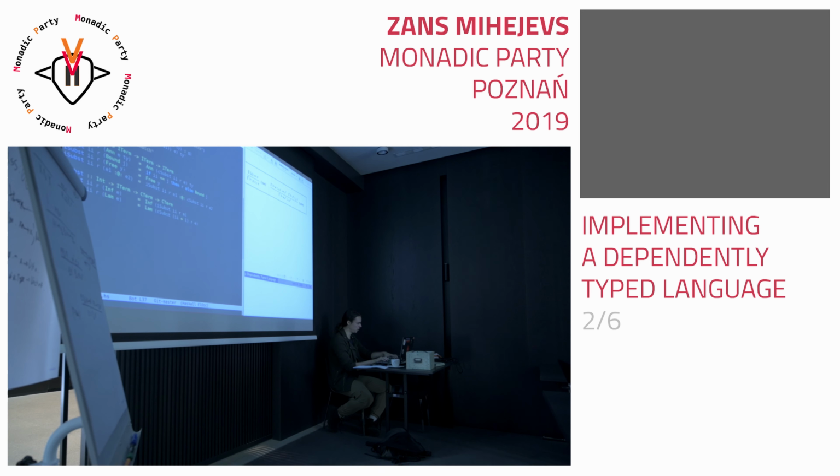Here are our two cases, the check rule and the lambda rule. Again, fairly simple code, self-explanatory, I guess.